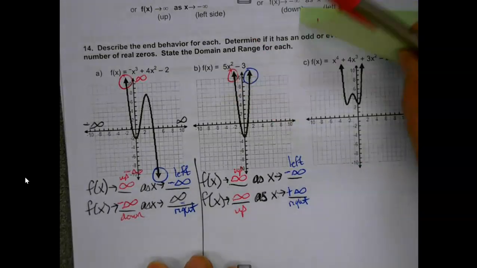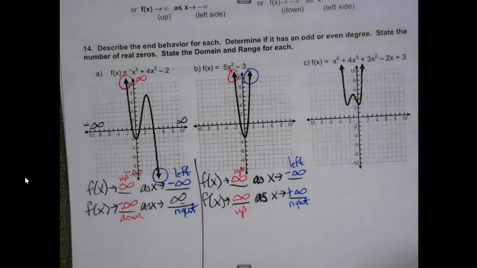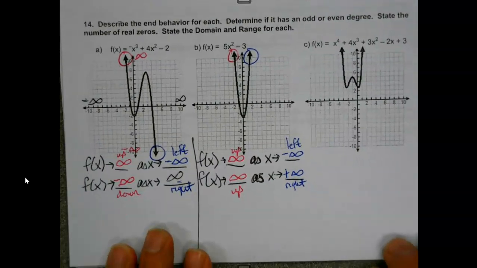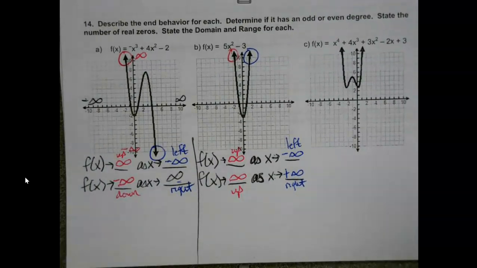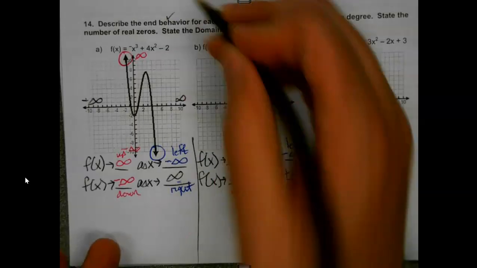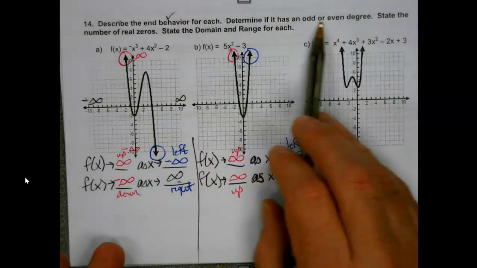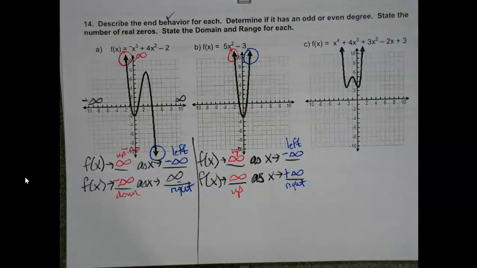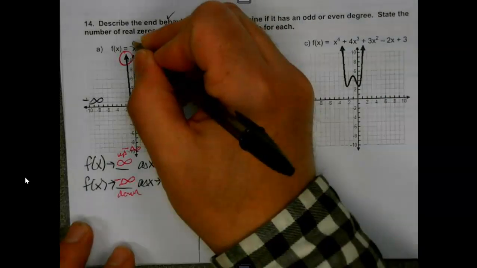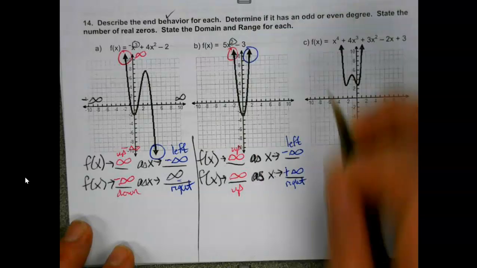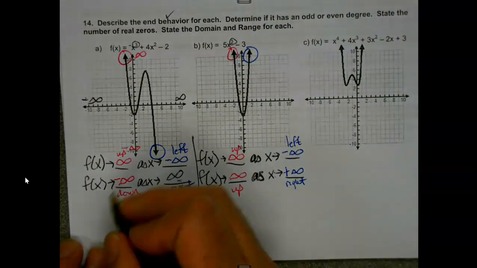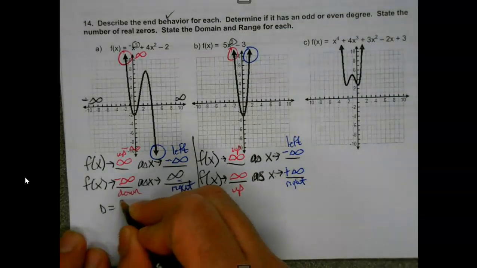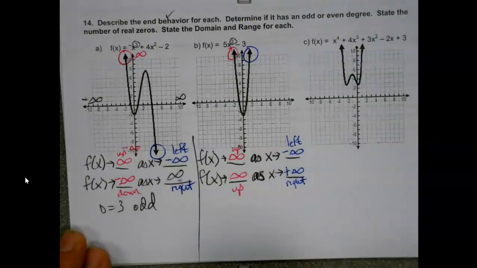And so the nice piece of this, like I said, I'm going to save C for tomorrow. The only other thing you've got to look at, end behavior, okay, check. Determine if it has an odd or even degree, because you've done the rest of this. Just look at the largest exponent. The degree equals 3. 3 is an odd number.